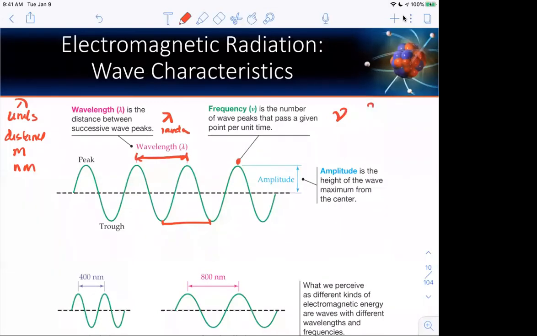My frequency units are going to be hertz or 1/seconds. Those are the types of units that I'm going to actually look at. Now the amplitude is this measurement here. It's the height of the wave maximum from the center.